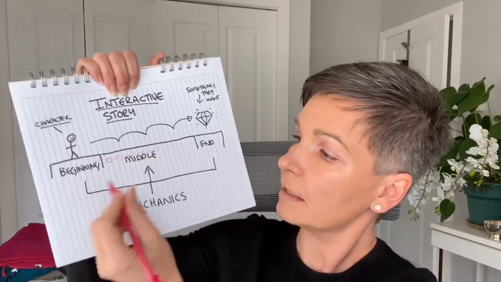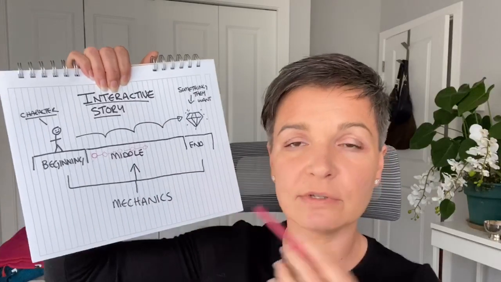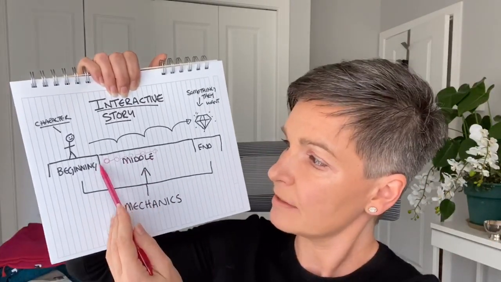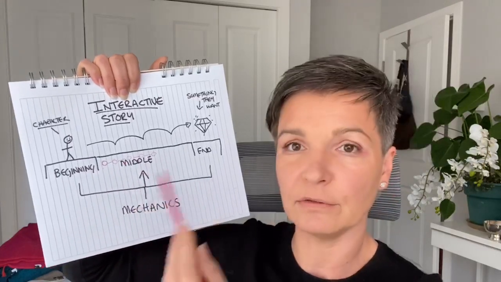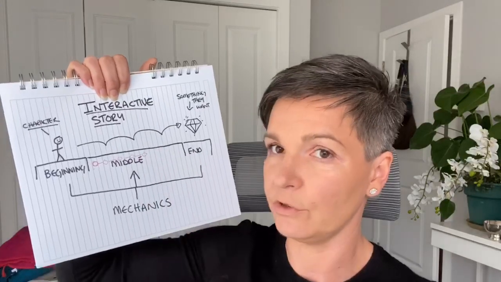And like I said, what's really cool about an interactive story is that you'll hear people talk about storytelling, and they'll say you have to follow the traditional formula, with rising action and falling action. No, you don't.